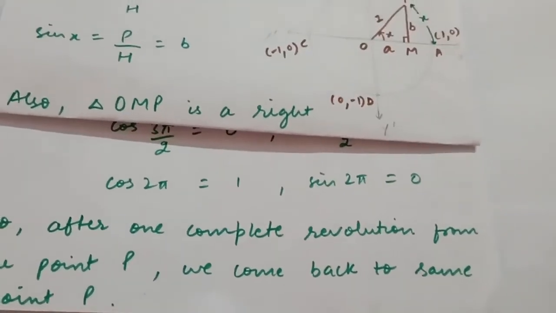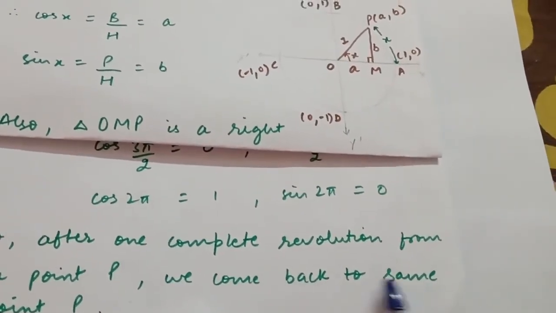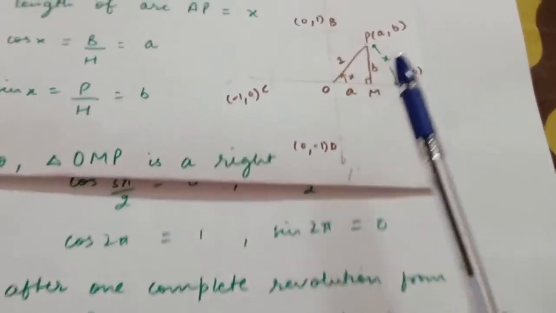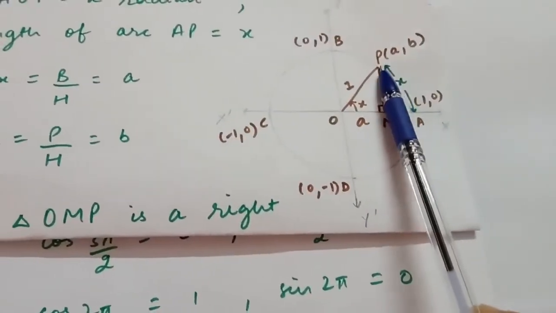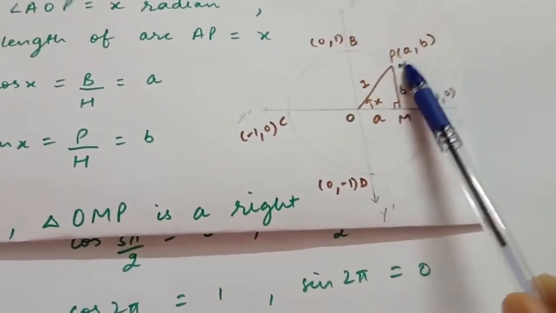So after one complete revolution from the point P, we come back to the same point P. See, if this is the point P, after one complete revolution you will come back to the same point P, which gives us this result.